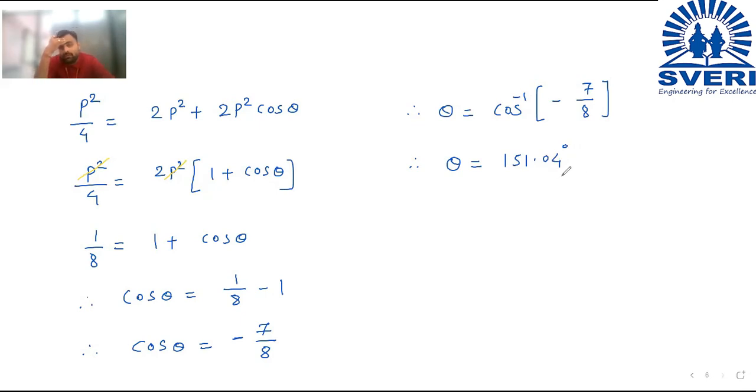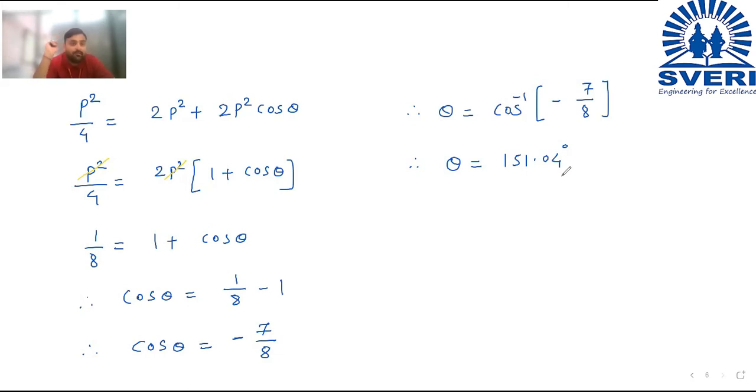You should get the same answer because here they have told us P and Q have equal values and the resultant is equal to P by 2. If you look at the previous problem, the value of P is 120, the value of Q is also 120, and the resultant is P by 2, that is 60.